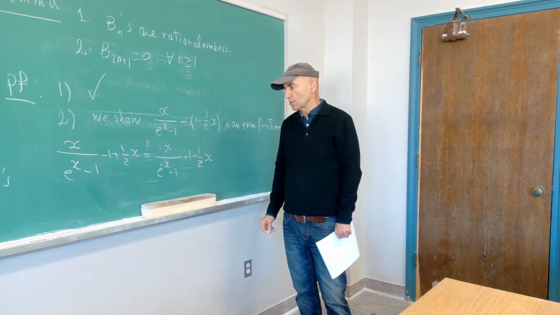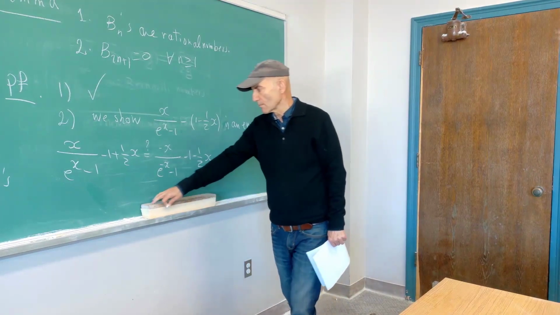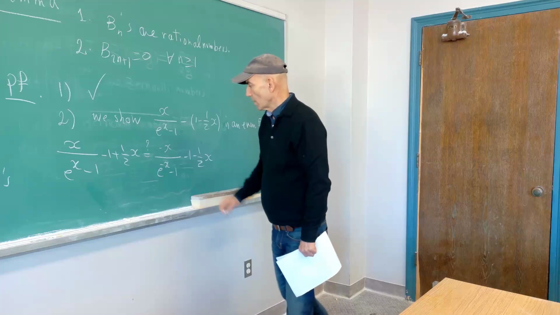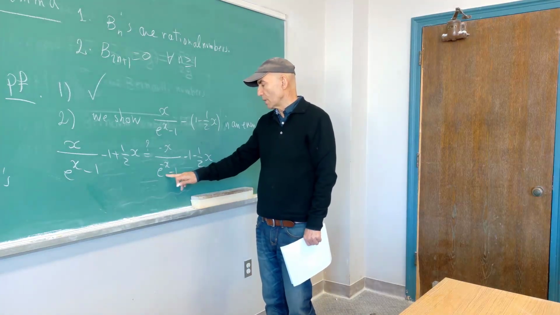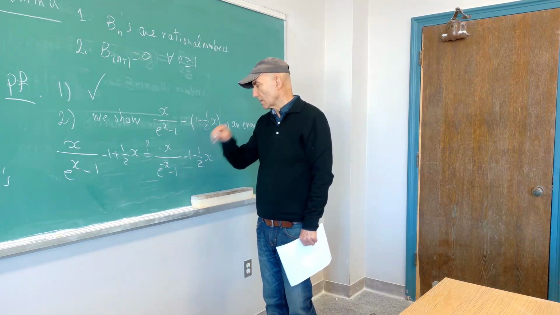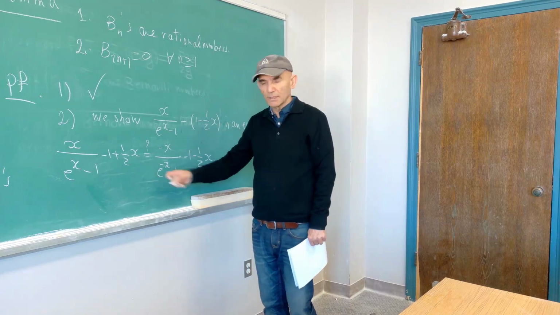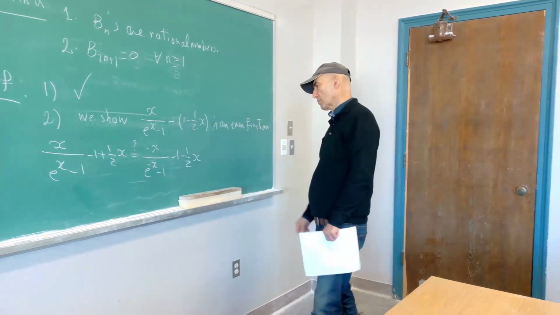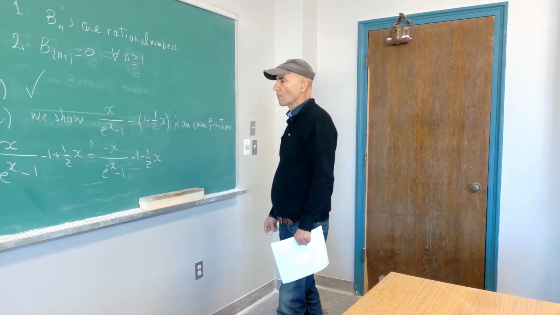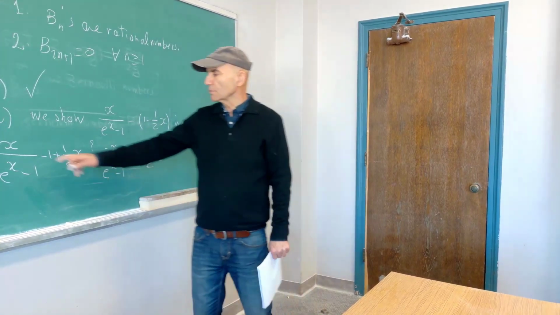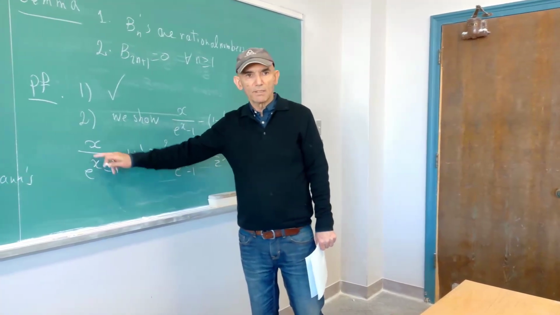Okay, so to prove that, we can multiply this by e to the x, I believe, if I factor e to the x here. So how can we approach that? Yeah, so I just multiply this by e to the minus x on the left-hand side.